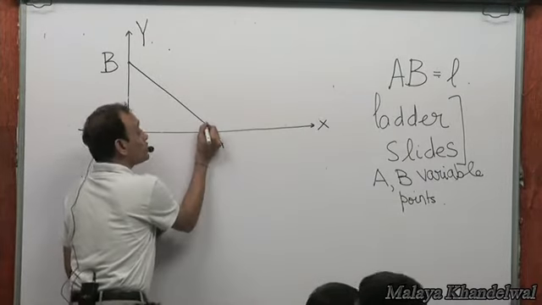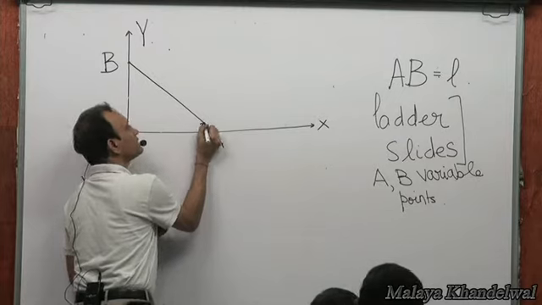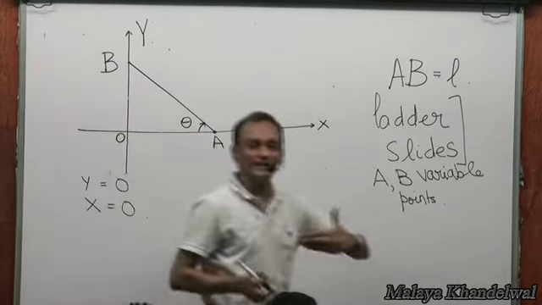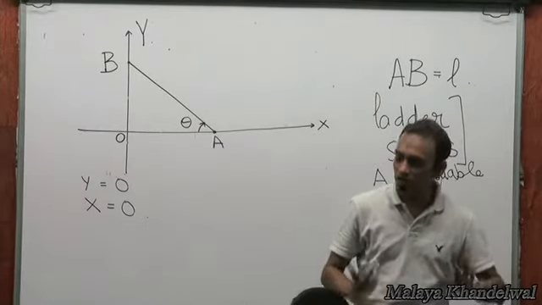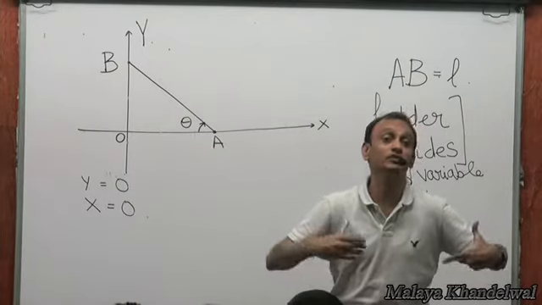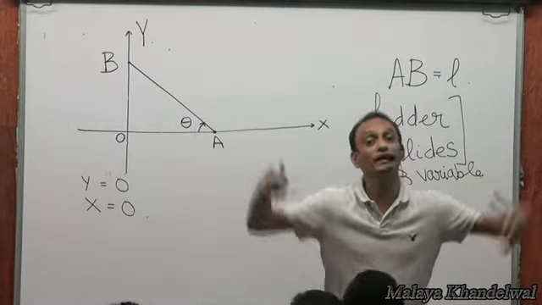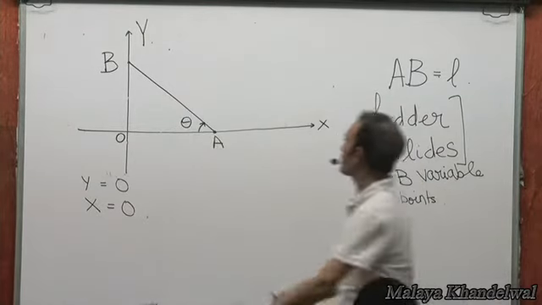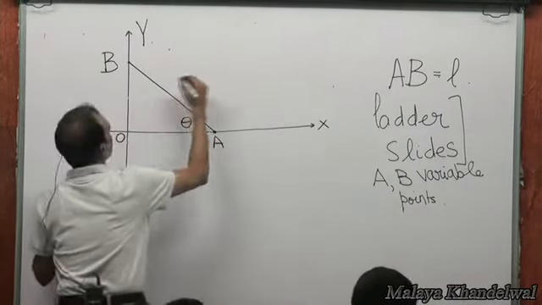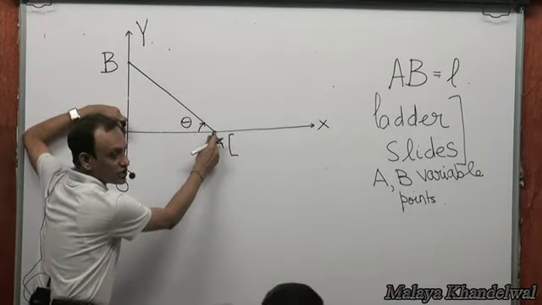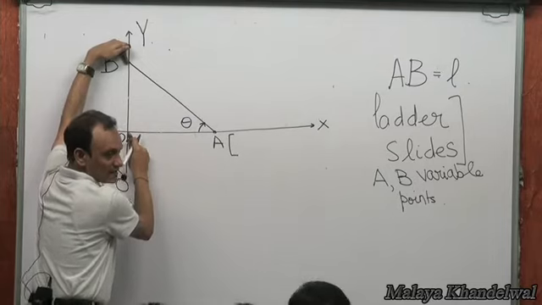Now, there is a parameter here. Realize that this is a parameter. The coordinates of A and B will depend on theta. So theta is a single parameter that will uniquely determine the coordinates of A and B at any given instant of time. If L is the length of the ladder, if AB is L, then this would be L cos theta, and this is going to be L sin theta.